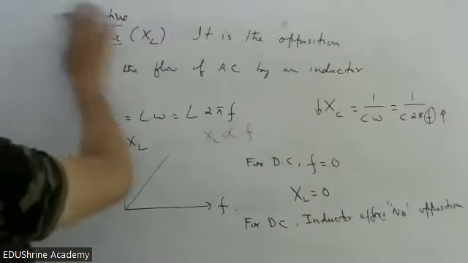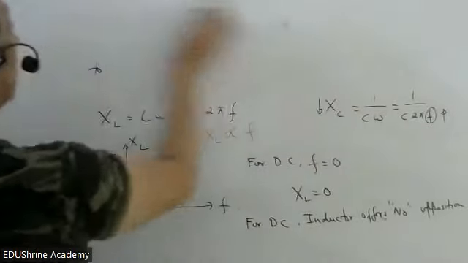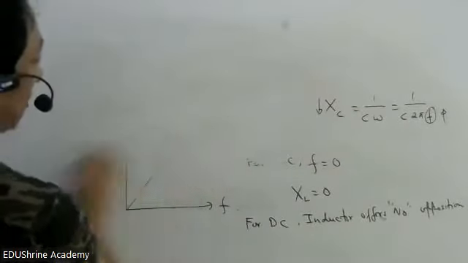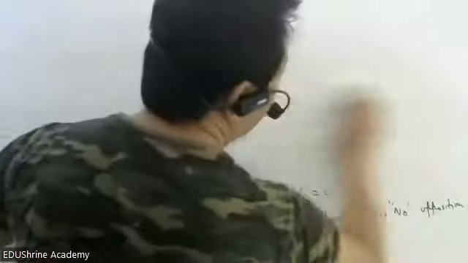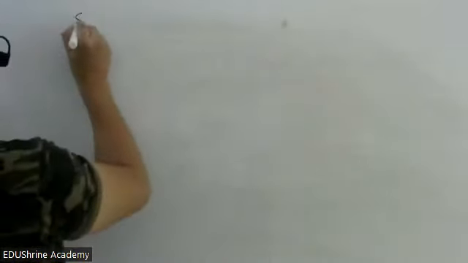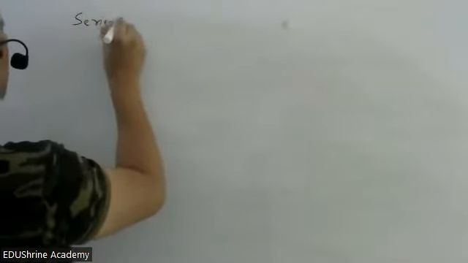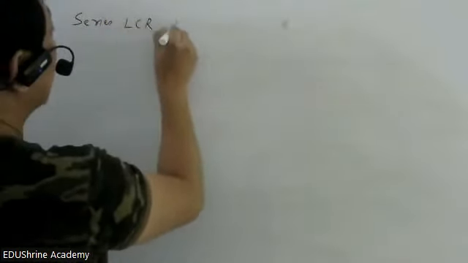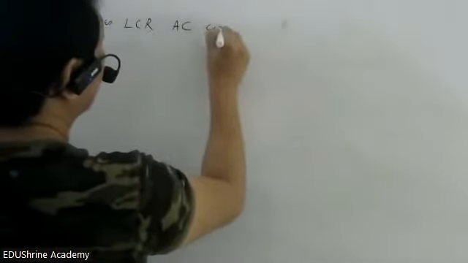So now we are going to start the first 5-mark question. All these derivations are 3 marks. So it is called the series LCR AC circuit.